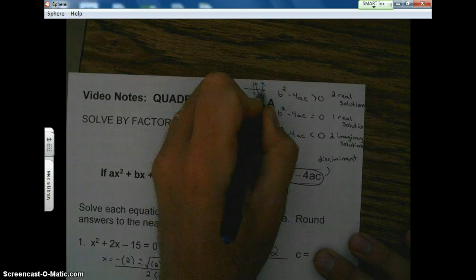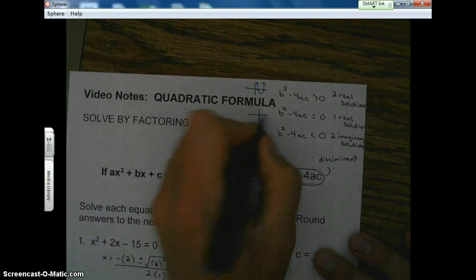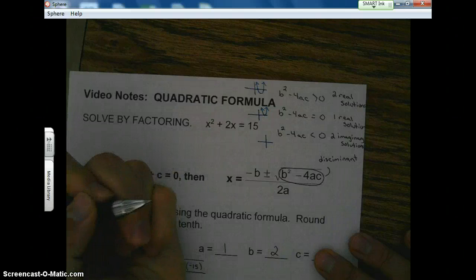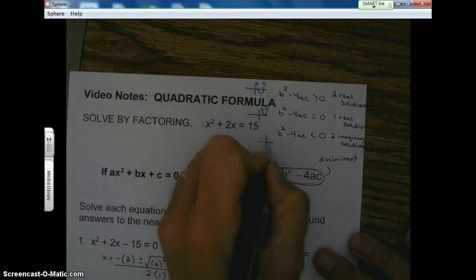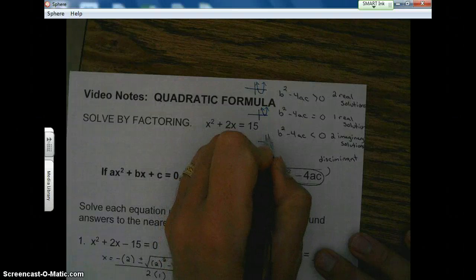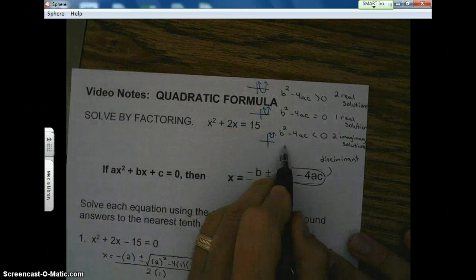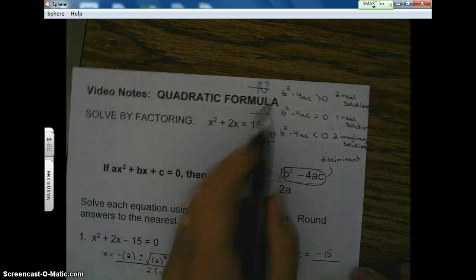Where there's 1 real solution, when the discriminant is 0, it touches in 1 place. So we have a double root. Imaginary solutions, here the parabola does not touch the x-axis anywhere. So those are your 3 types. Please make sure you know all about your discriminant.